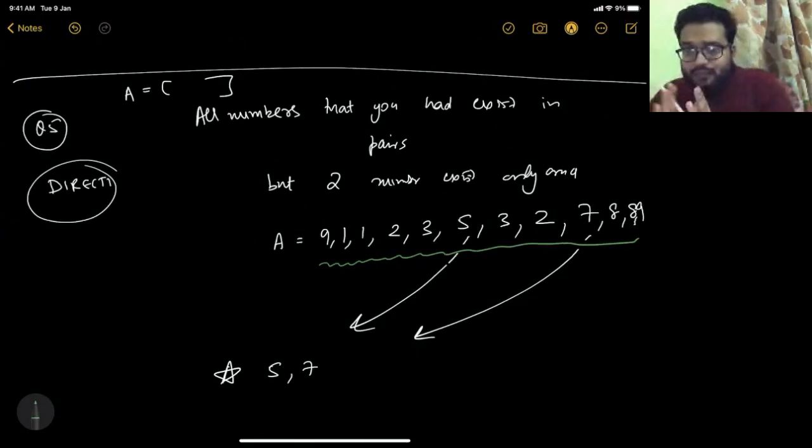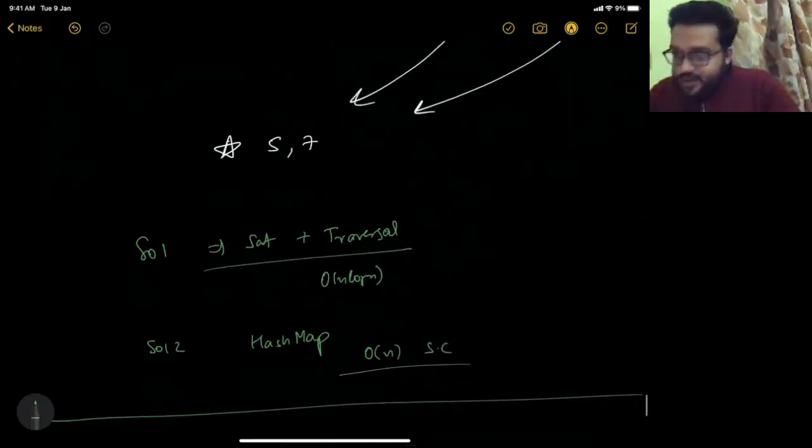Let's try to look at all the numbers in their binary representation. Is everybody with me?